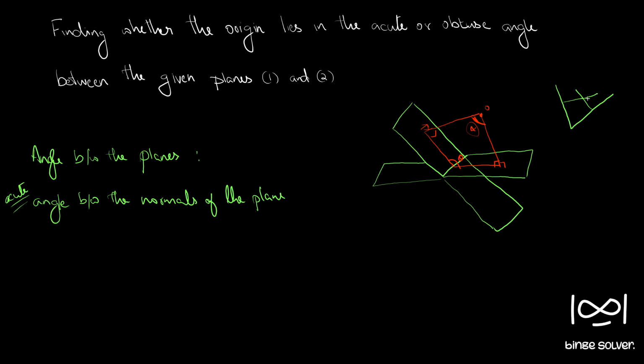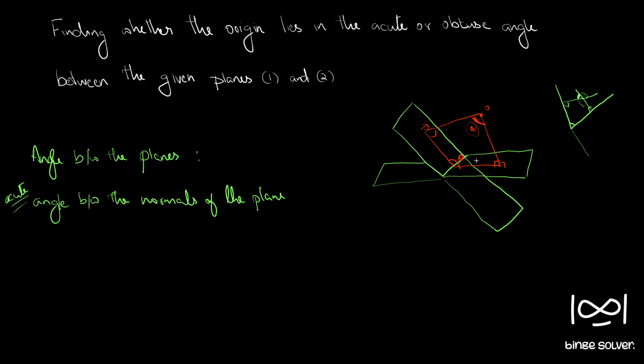The normals are intersecting. This is a normal and this is a normal. When you say the angle between the normals, there will be an acute angle and an obtuse angle. We take this acute angle as the angle between the planes. This obtuse angle is what comes here, and 180 minus this angle is nothing but this angle. So the angle between the planes is the acute angle between the normals of the planes.